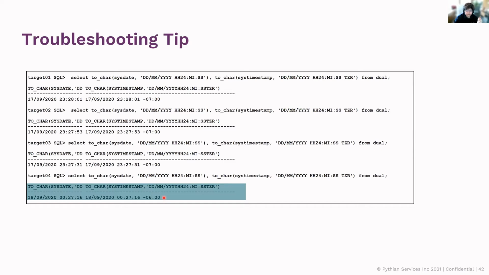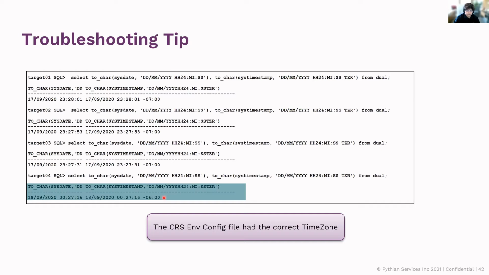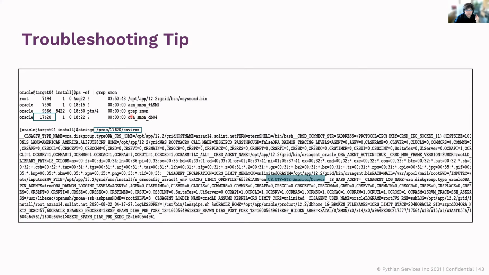So what we tried to troubleshoot: this is your instance SMON, look up the PID, do a strings on the process environment variable, and you notice that when this particular instance was started, this is the time zone that was set. For some reason, this is the time zone that was picked up.